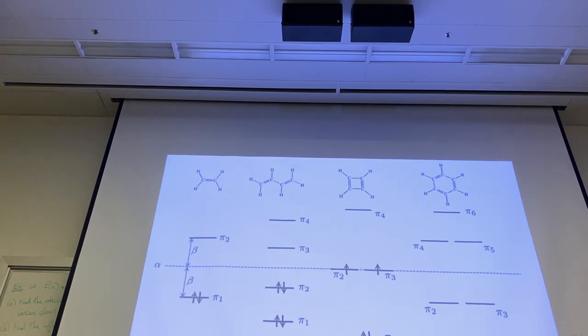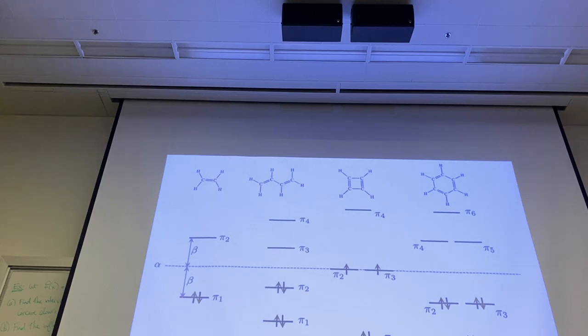What about benzene? We know benzene is a rock solid molecule, so we expect to find also some stabilization energy. Let's do it. I have 6 p electrons. 2 of them go into pi 1, 2 in pi 2, and 2 in pi 3. Okay, here we are. And I'm simply going to add up all the energies and see what we find.